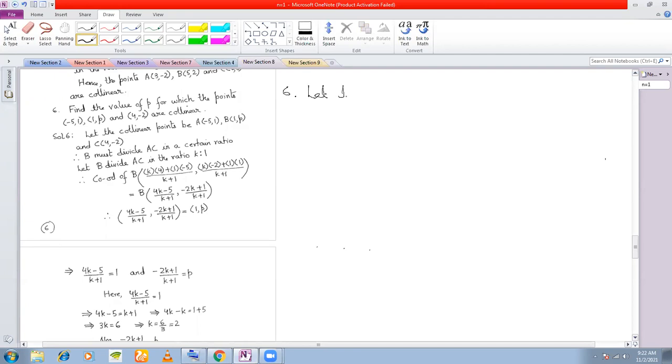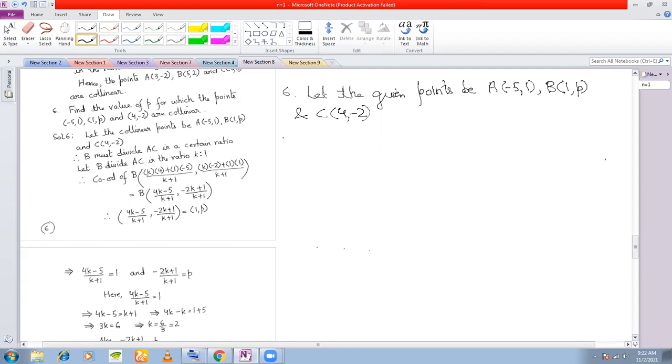So let the given points be A (-5, 1), B (1, P), and C (4, -2). A, B, and C are given to be collinear.